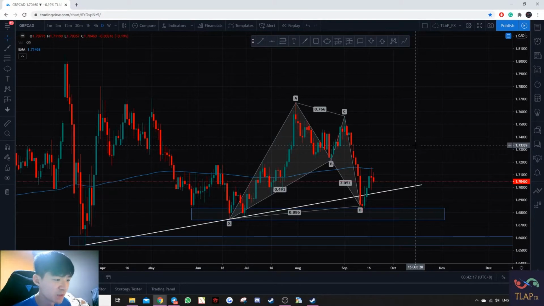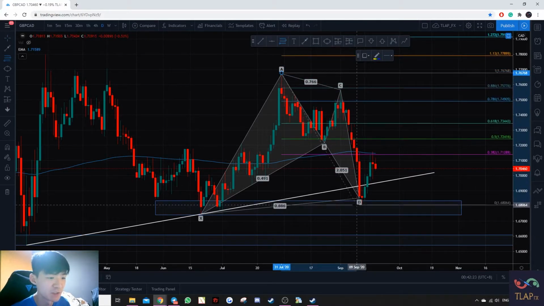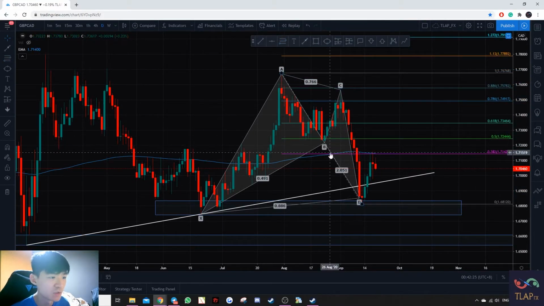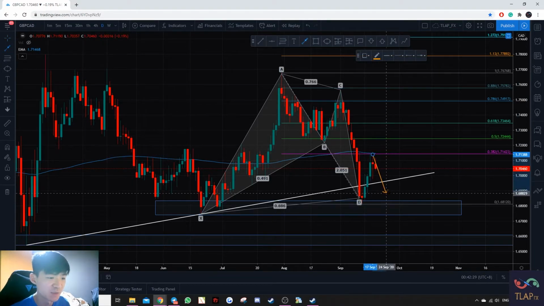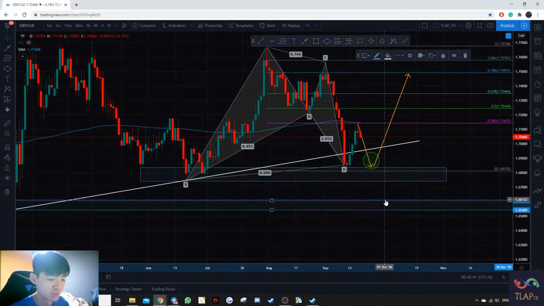Next, we have Pound CAD. Clearly, we have a bat pattern over here, and prices actually hit the first take profit level at the 3:2 completion. So we are actually looking for buying opportunities if prices come back for a double bottom retest and aim for previous high. So for selling opportunities, we are actually looking for a breakdown.